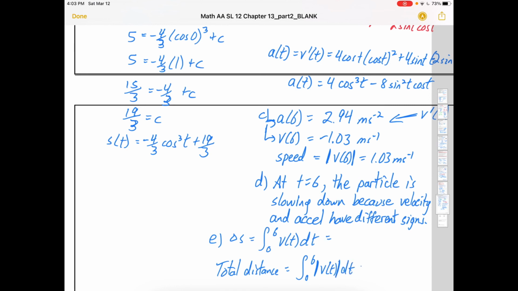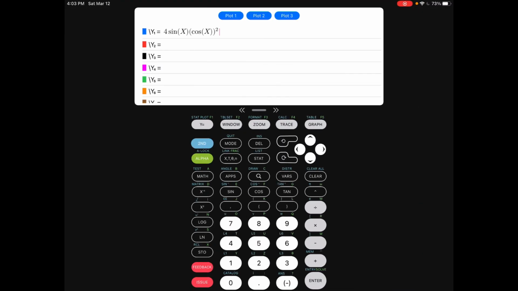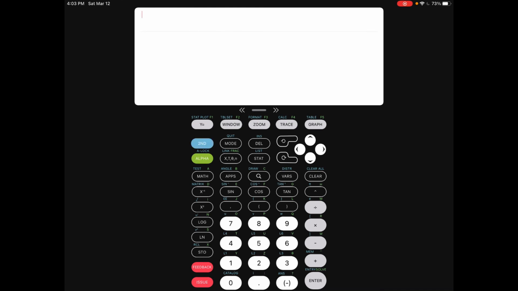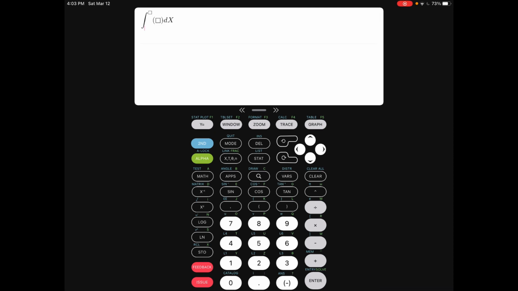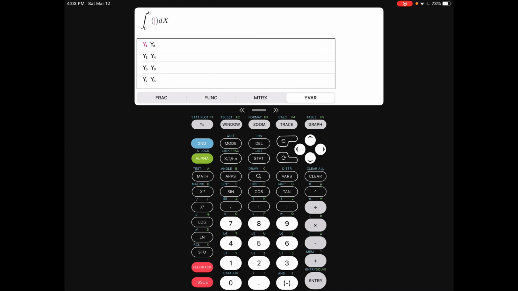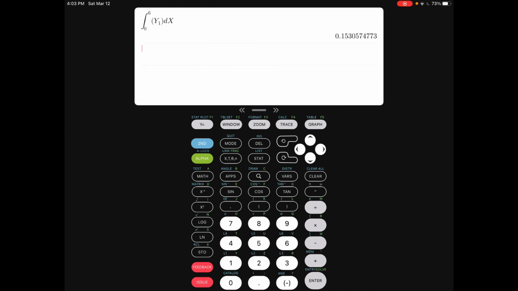Both of these things are easy to put in your GDC, particularly if you have the function already in there. So I'm going to press second mode to quit. We could do this graphically, but I like to just do it by pressing math, go down to fn int, the definite integral. I go from 0 to 6 on y1, so I press alpha, trace, I choose y1, dx. There we go. There's our net displacement.